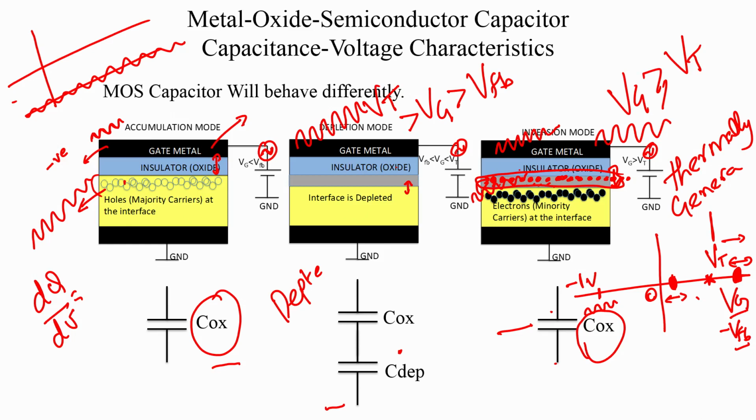And if the AC signal frequency is much lower than this rate, then no problem, the electrons will respond in the manner which we described. Therefore, the signal frequency becomes very important when we look at the response, the capacitance of the MOS capacitor in inversion mode, when the minority carriers come into the interface.